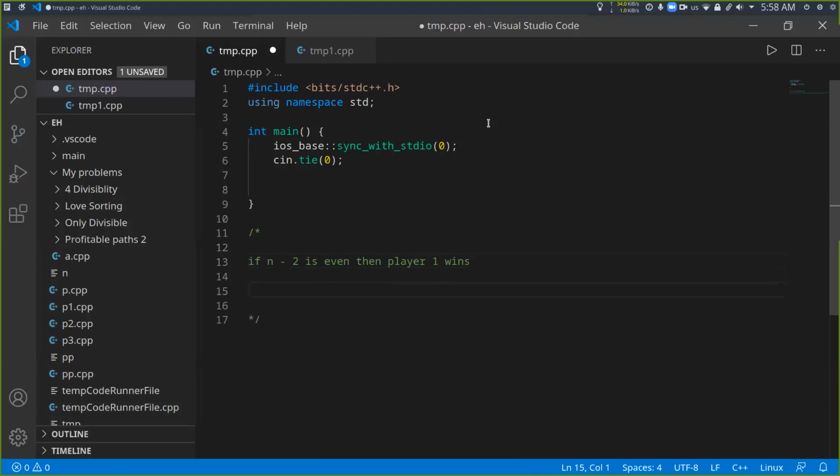Because if we have 2 nodes, then player 1 wins.